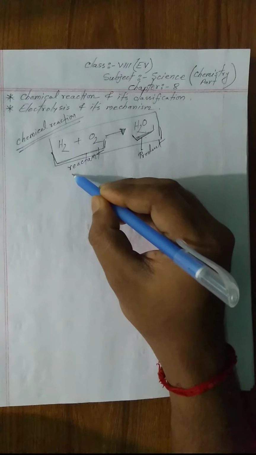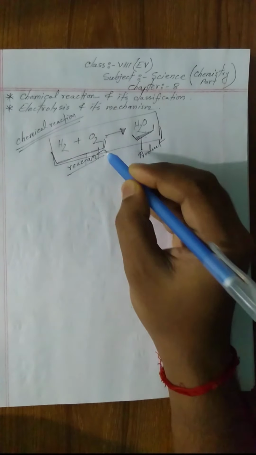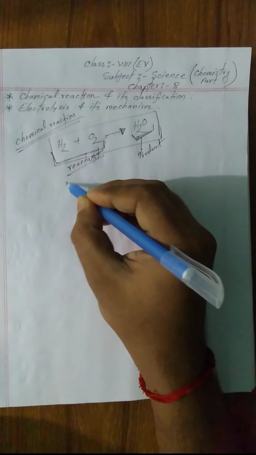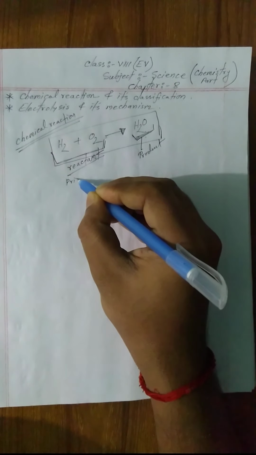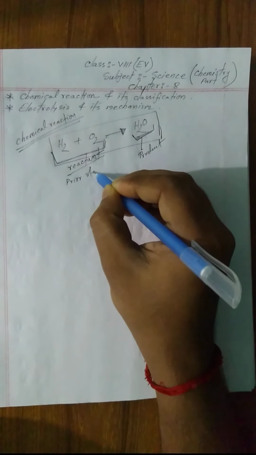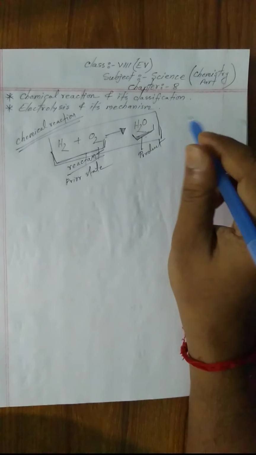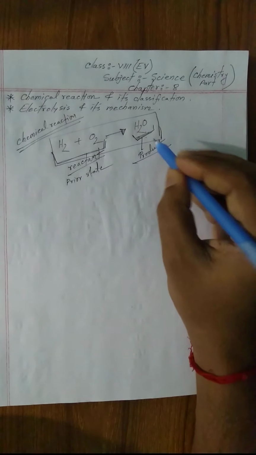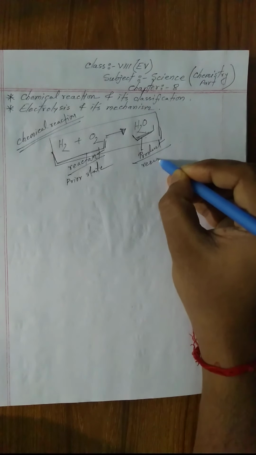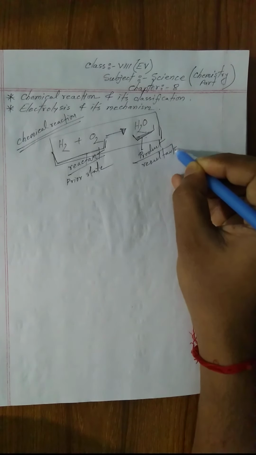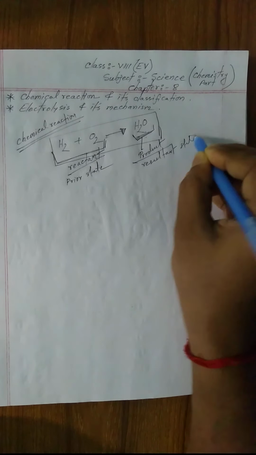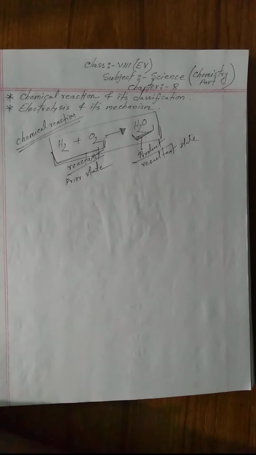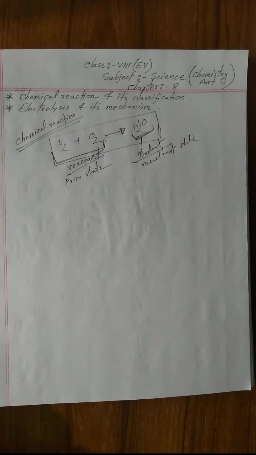The reactant is the prior state of a chemical equation or reaction, and the product is the resultant state. So these are the fundamental topics in a chemical reaction or equation.